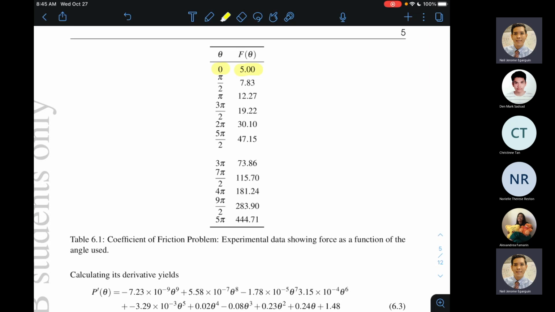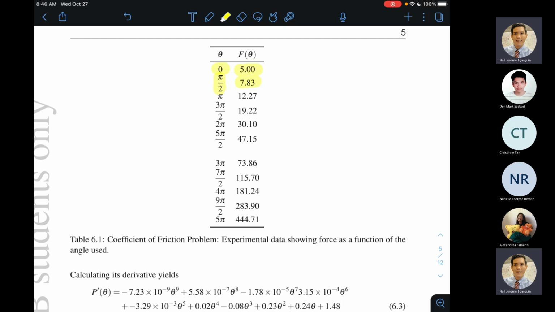If the angle is pi over 2, we're going to need 7.83 newtons, and so on. So this is an example of the kind of data we can get by measuring the force required to overcome the restraining force, depending on the angle used between the post and the restraining force.